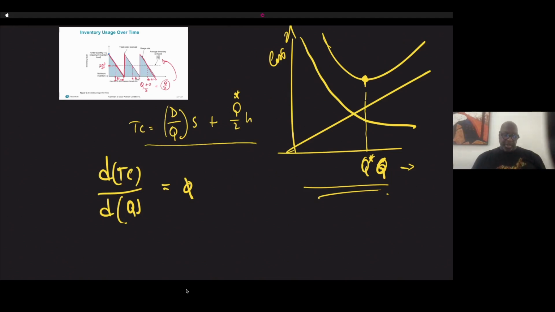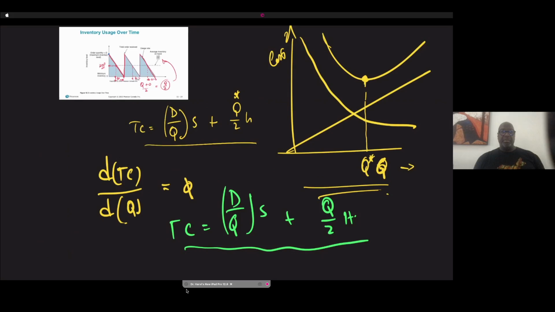And as I mentioned, the total cost is the annual demand divided by the quantity, which tells us how many orders, times S, the cost every time we place an order, plus the average inventory. If we start off with Q and end with 0, divided by 2, we get Q over 2 times H.